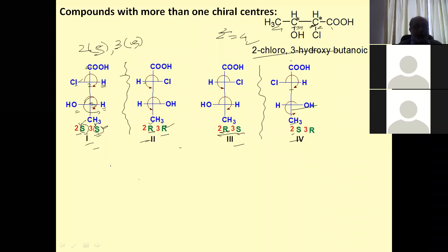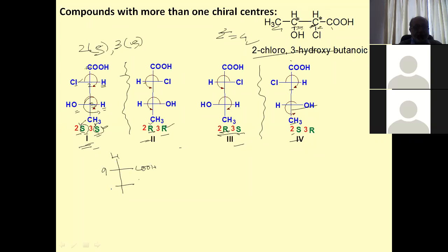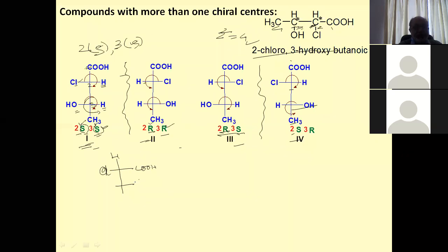Suppose now I write this molecule, the number 1 molecule. I write COH group here, H here, Cl here, Cl here, and then H, Cl, and CH3.